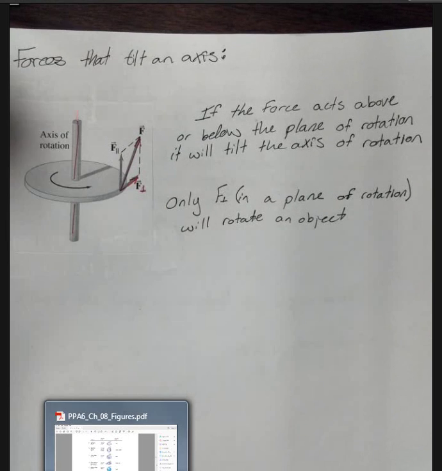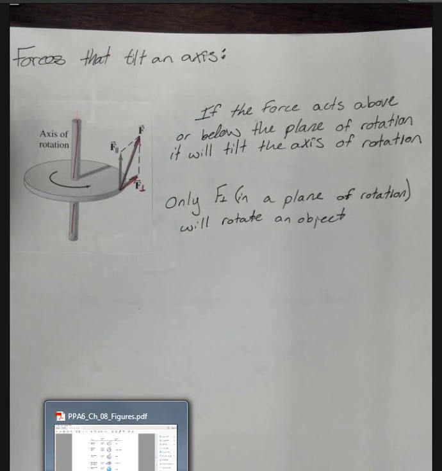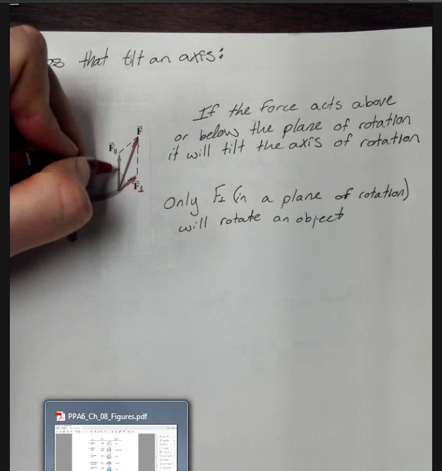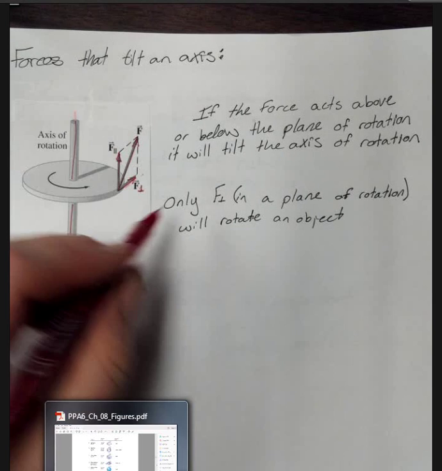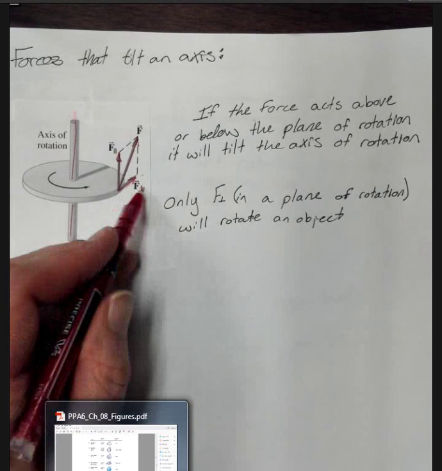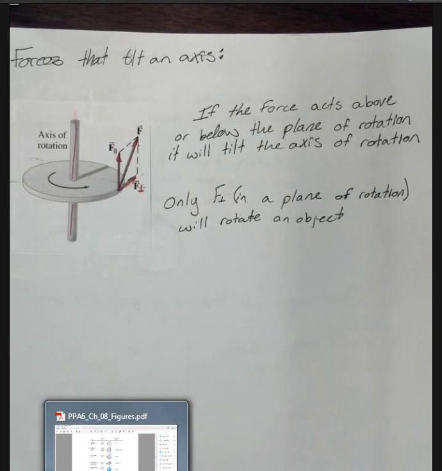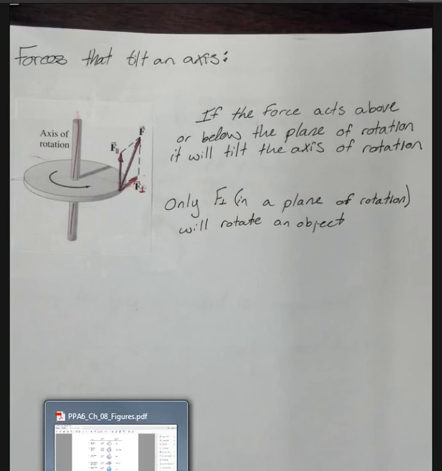But tilting is not rotating, so you can't count any force that doesn't act at a perpendicular. Only the perpendicular force that's in this plane of rotation right here will cause an object to rotate. So that is the only force that you can use to calculate our torque values.